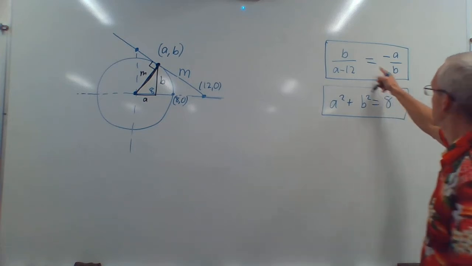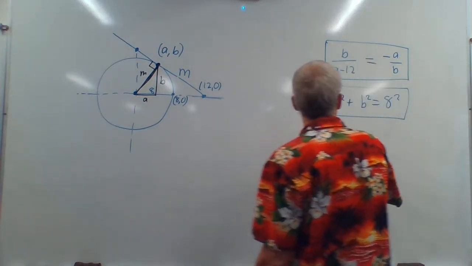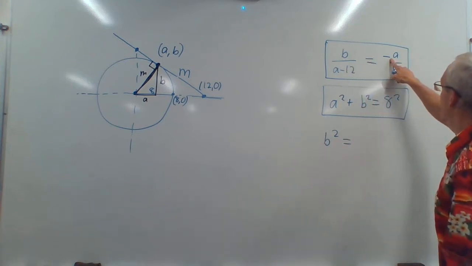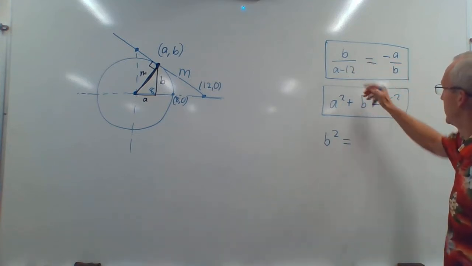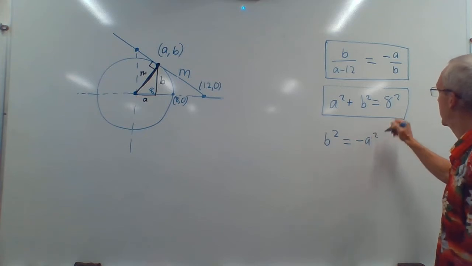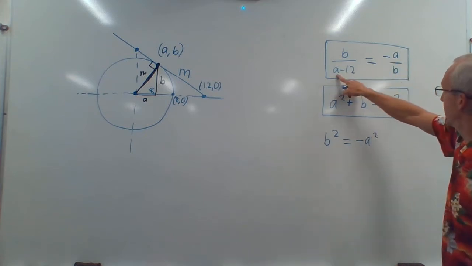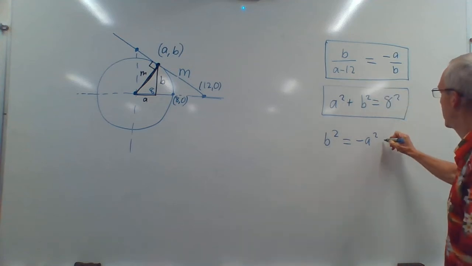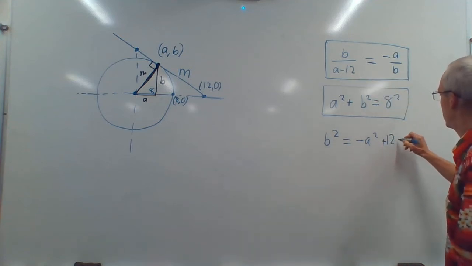So I'll just leave it like that. So B times B is B squared. So we get B squared equals negative A times A minus 12. That's negative A squared. Right, negative A times A is negative A squared. Negative A times negative 12 is plus 12A. So plus 12A.